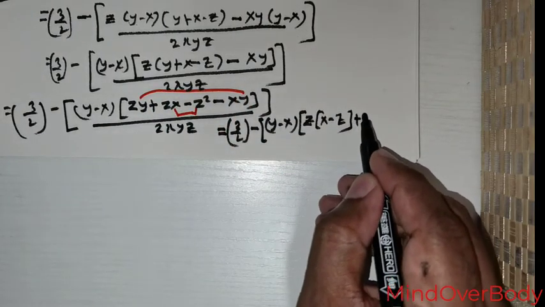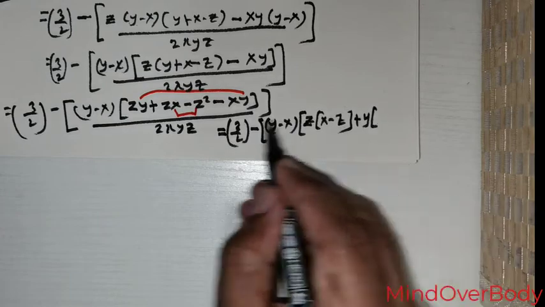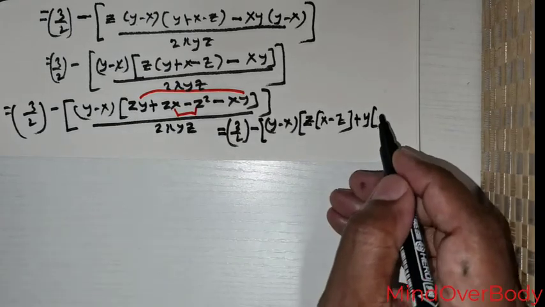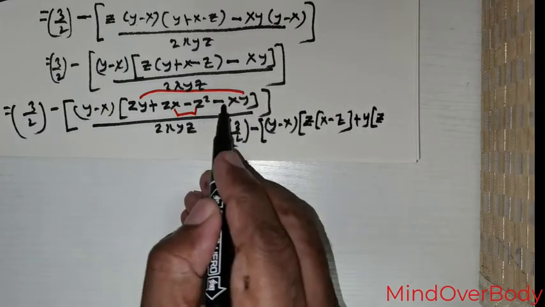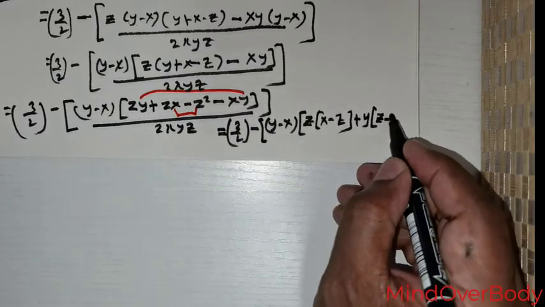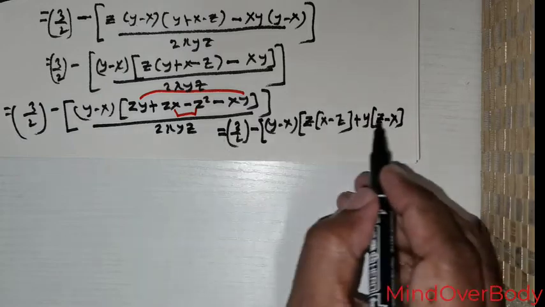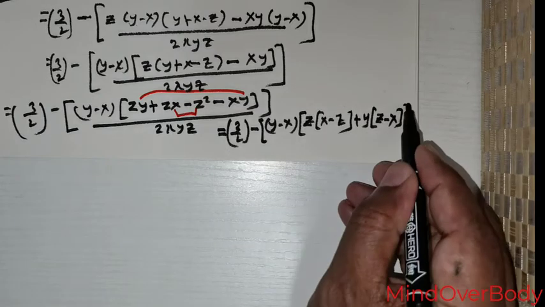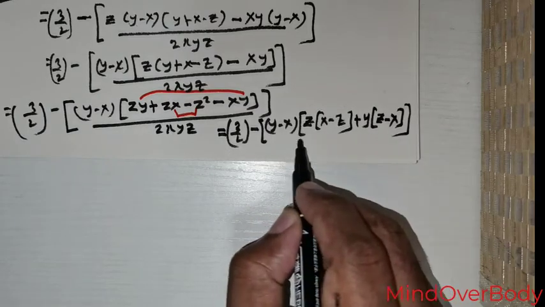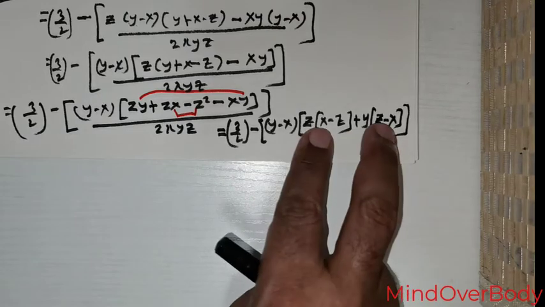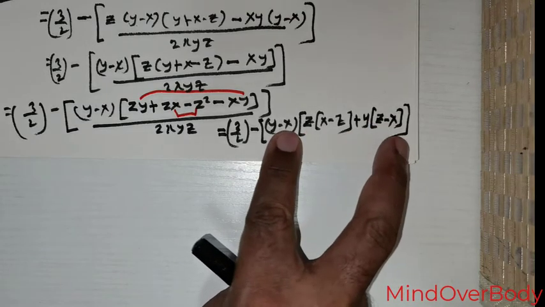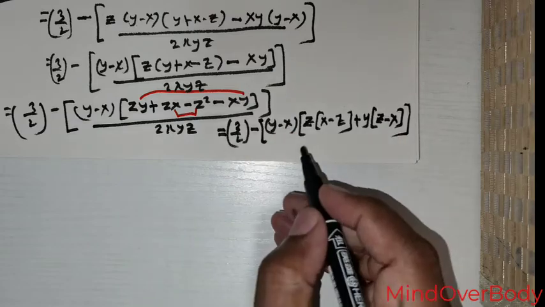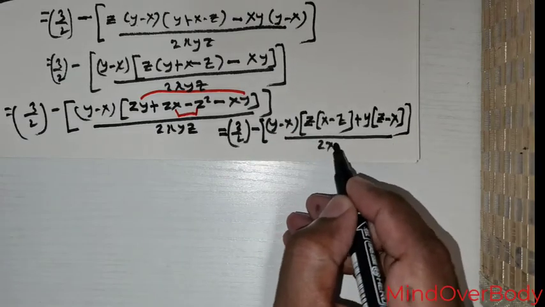So positive y, I'm taking it out. If I take y out, I would get z negative x, and this has to be placed within the old parenthesis. So these two here and multiplied with this divided by 2 times xyz.